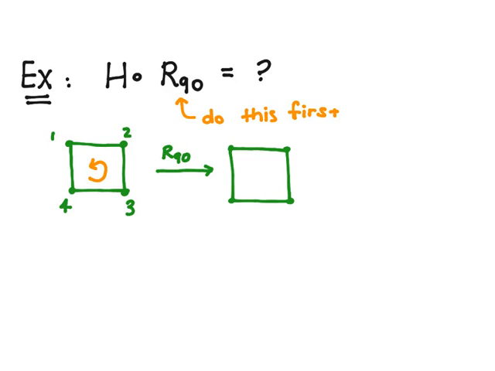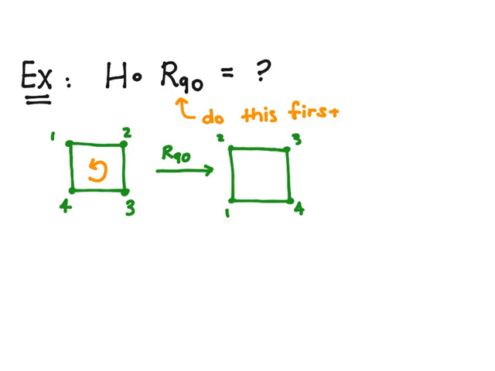So if I start with my numbering of vertices like this, and then I do R90, in other words, I take the square and I rotate it by 90 degrees counterclockwise, then what you can see is that the 1 will wind up here, the 2 will wind up here, the 3 here, and the 4 here.